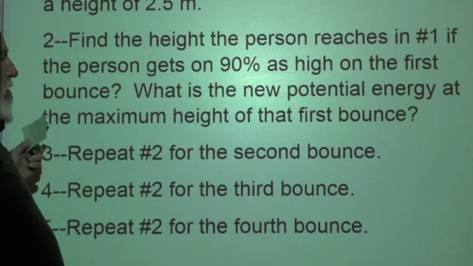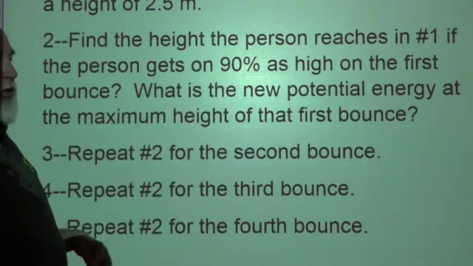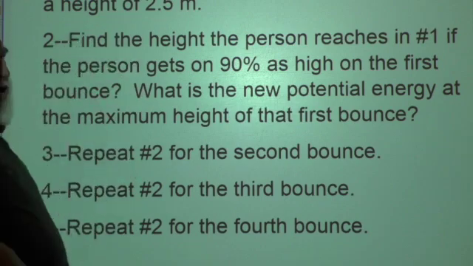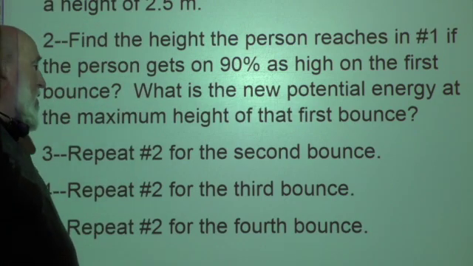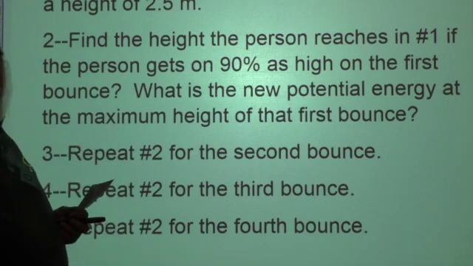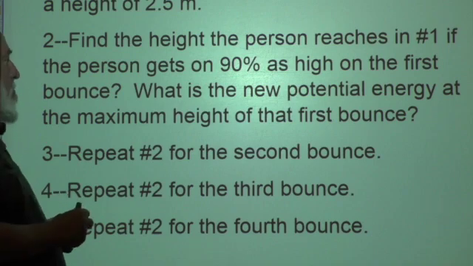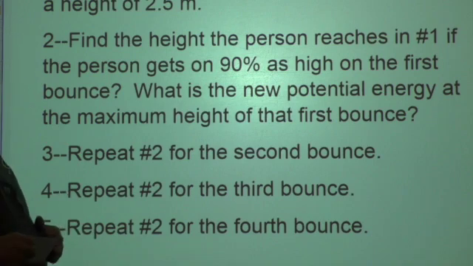So I'm asking you to give me the new height based upon the 90% change. It's going up 90% of the height instead of 100% of the height. And so then you're going to predict the potential energy at each height each time you get off the bounce. Okay? Good luck.